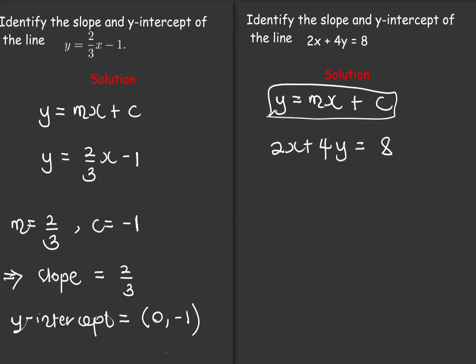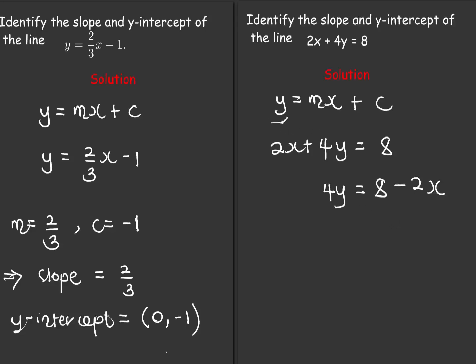In other words, we want to make y the subject. So we have 4y equals 8 over here, and we want to move this 2x to the other side. Because it is a positive 2x, it moves to become a negative 2x.